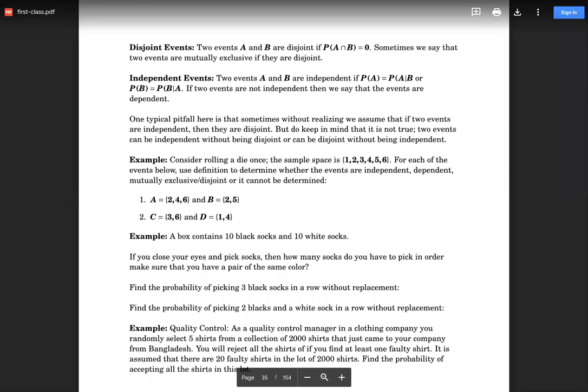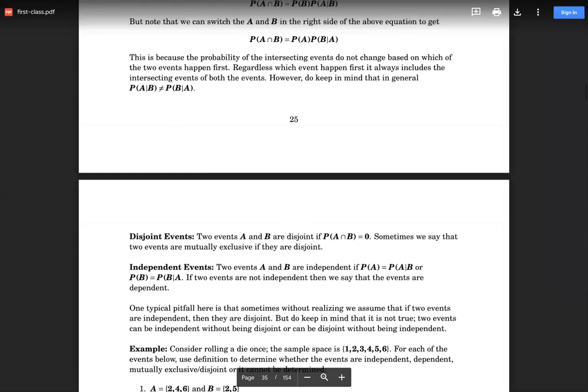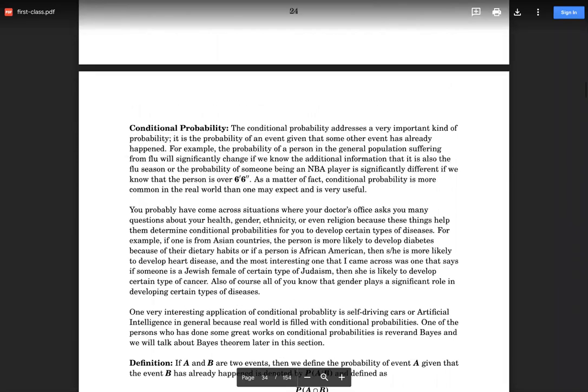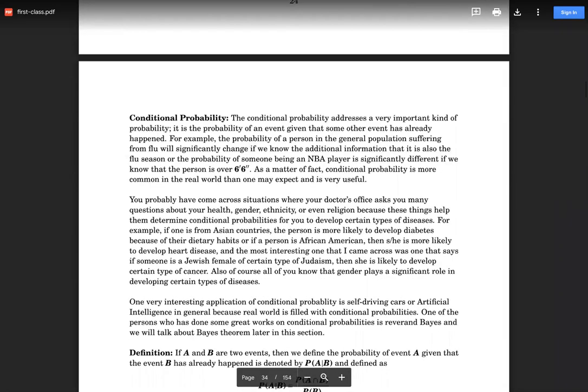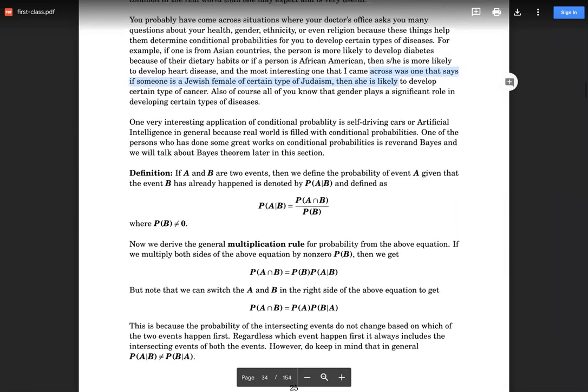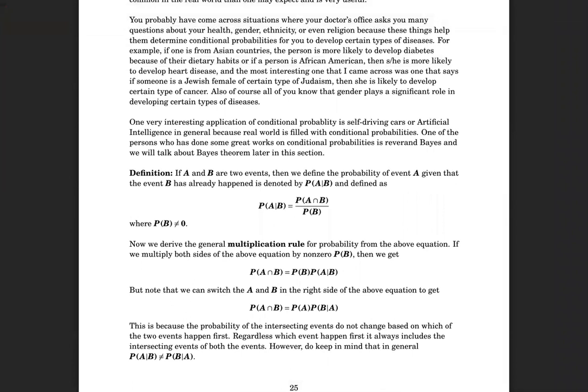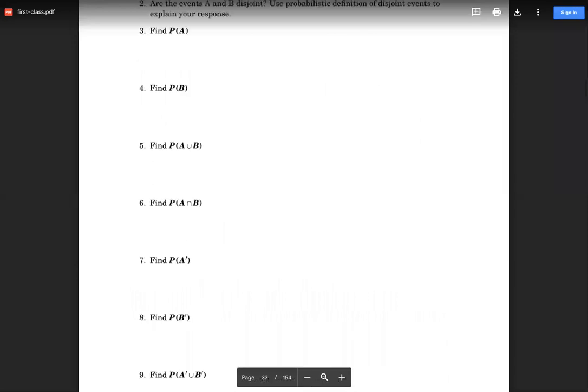I haven't covered these topics, so there will be problems on conditional probability, but just ignore those for now. When I cover it in the next class, which is Wednesday, a week from today, we will go over this, and you will be able to do the rest of the homework. But many of the homeworks you should be able to do right now.